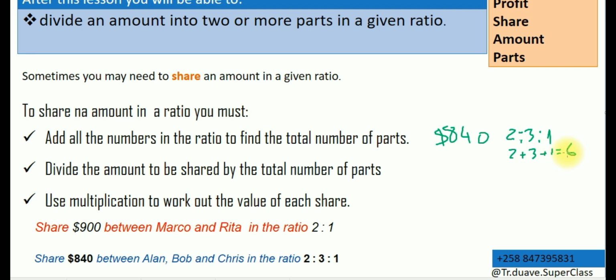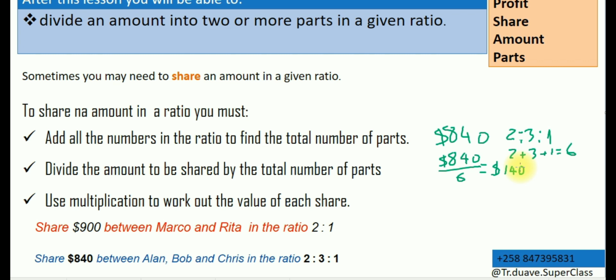The second step is to divide the amount by the total number of parts. So you take this $840 and divide it by 6. The result is 140.